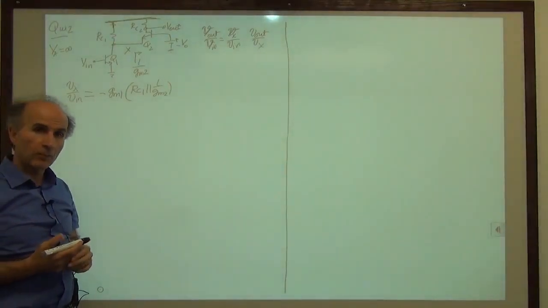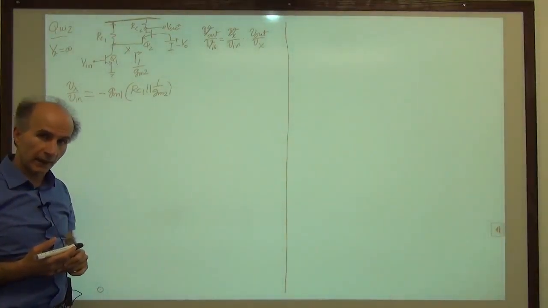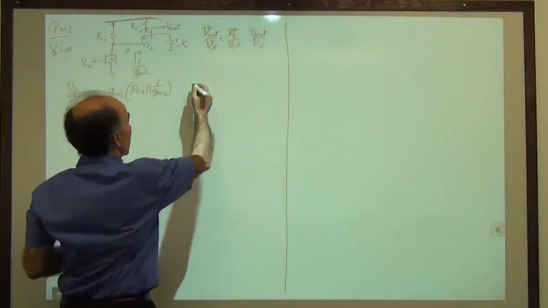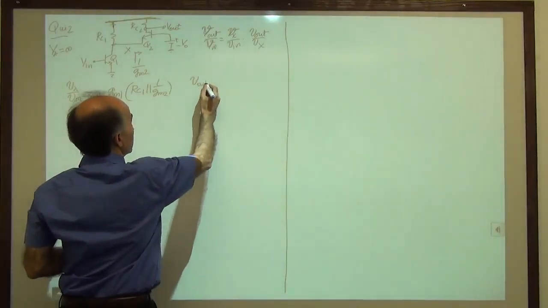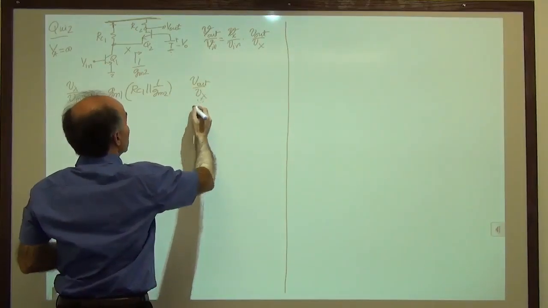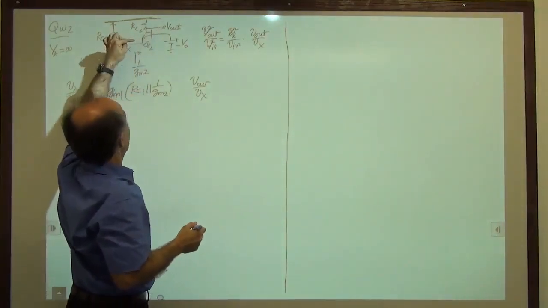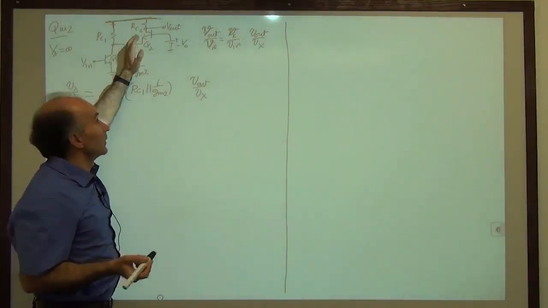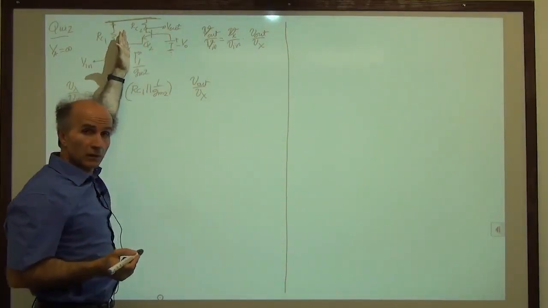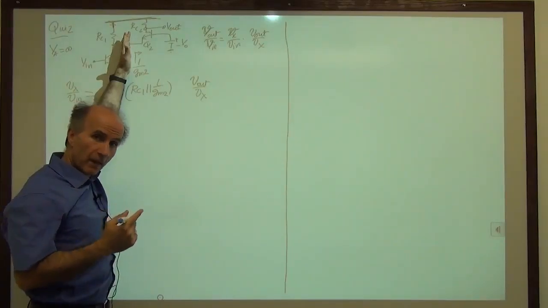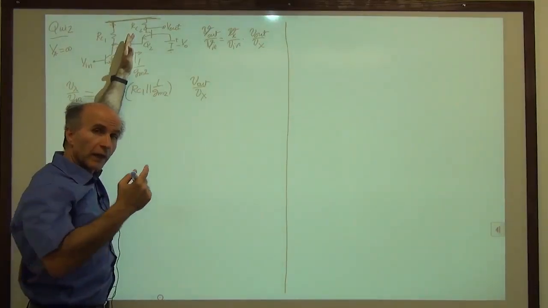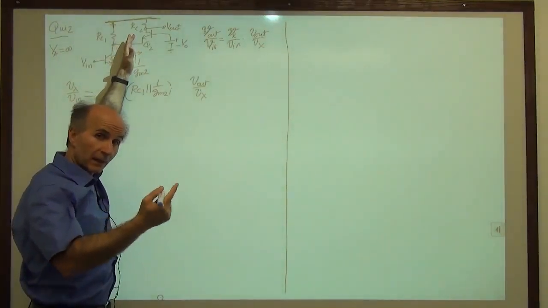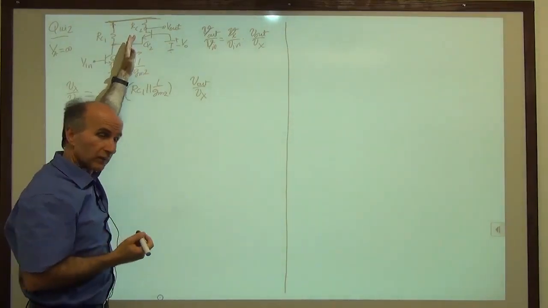How about the voltage gain of the second stage, meaning Vout over Vx? That's the gain from here to here. That's a simple common base stage. The base is at AC ground, so the gain is just given by Gm of the transistor times the resistance that we see in the collector, which is RC2.